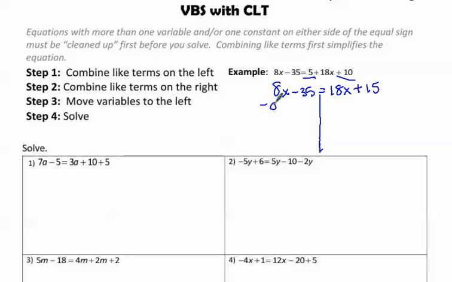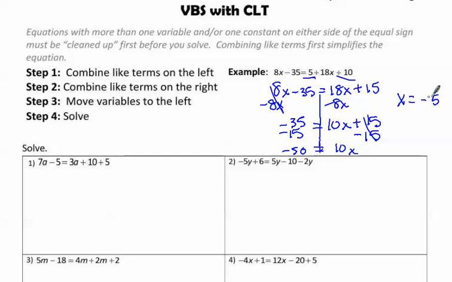I'm going to subtract 8x from both sides. I get negative 35 equals 10x plus 15. Now it's a two-step equation. Subtract 15, subtract 15. 10x equals negative 50. Divide each side by 10 to get x equals negative 5.